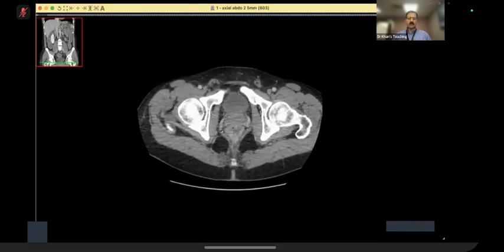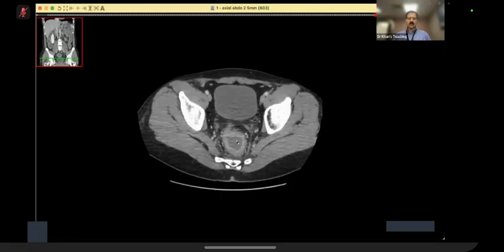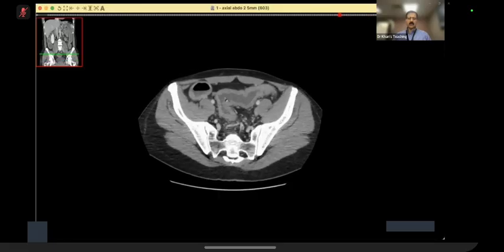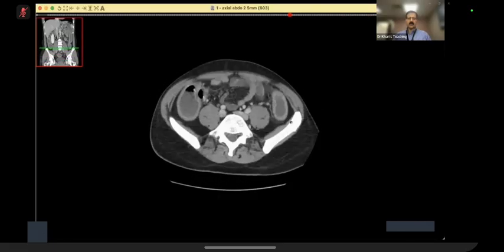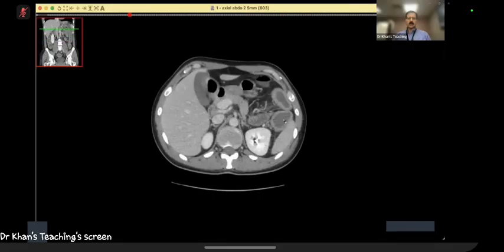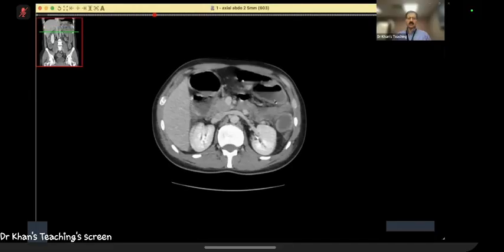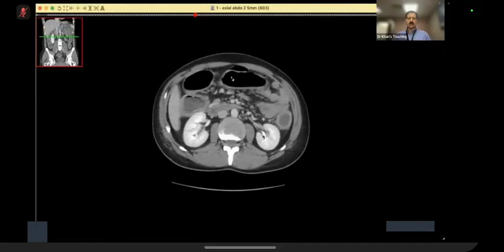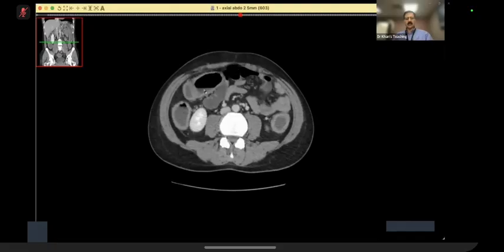My practice is that as far as the large bowel is concerned, I follow from the rectum, anal canal upwards. So this is the rectum. It is all thick walled. We can see the sigmoid, which goes right and left. And this is the descending colon. We go up all the way to the splenic flexure, and then the transverse colon goes to the other side.